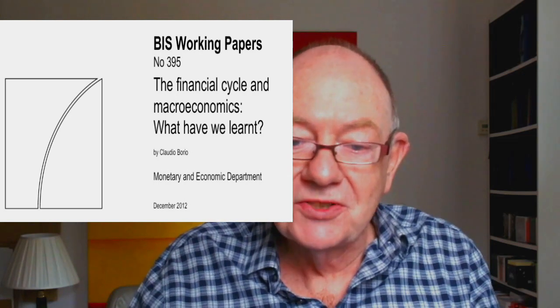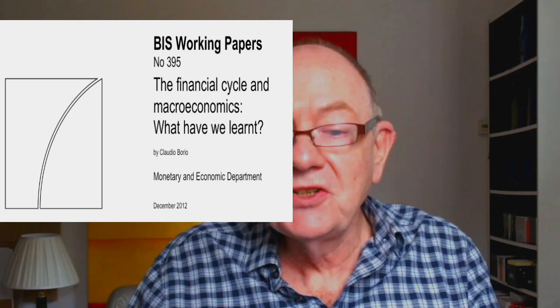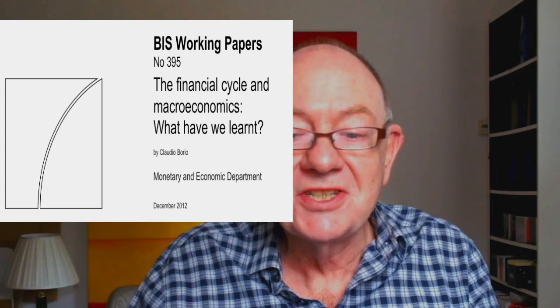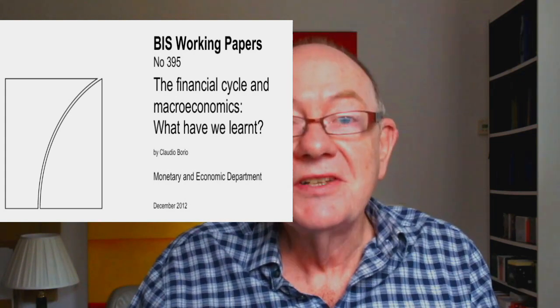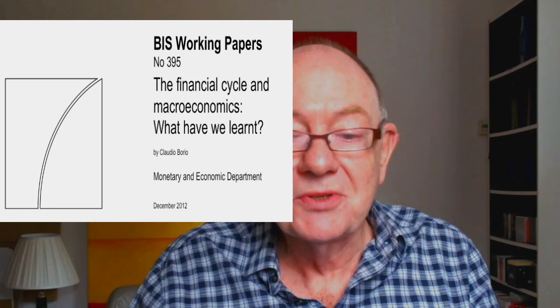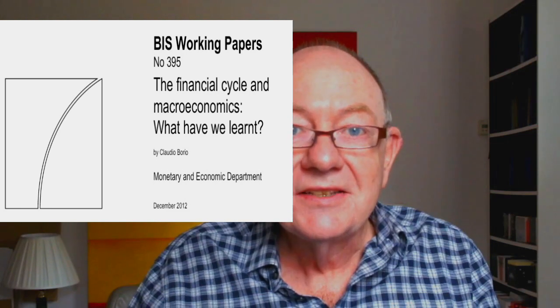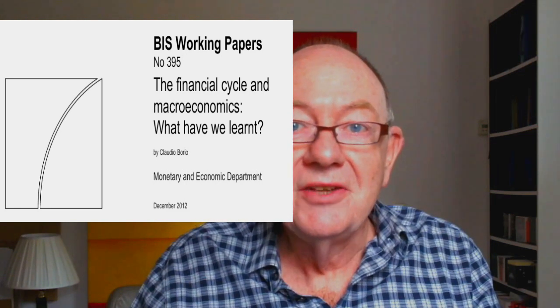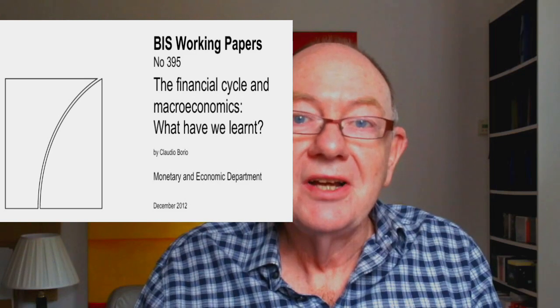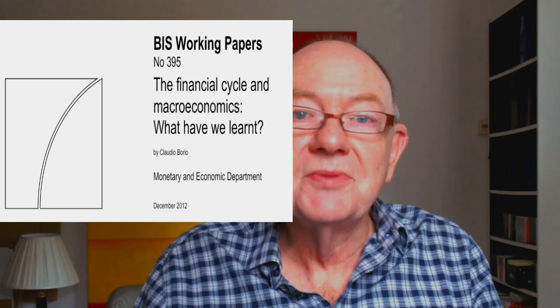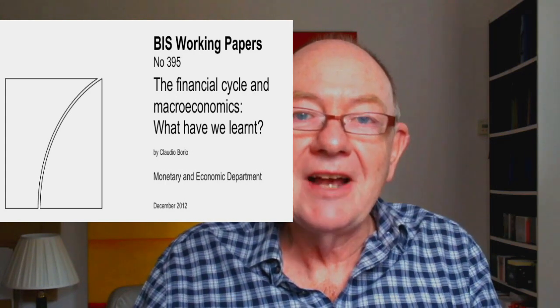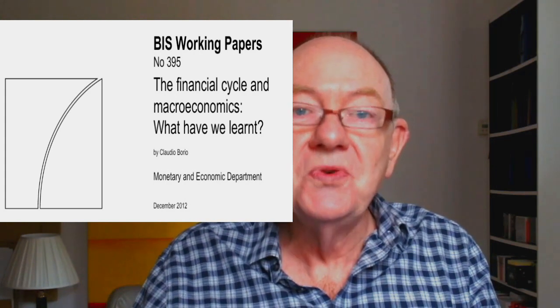The first essential feature is that the financial boom should not just precede the bust, but cause it. The boom sows the seeds of the subsequent bust. So they're saying that any good model of the macroeconomy must include booms and busts, and there must be a causal link. The fact that we have a boom leads to the bust.